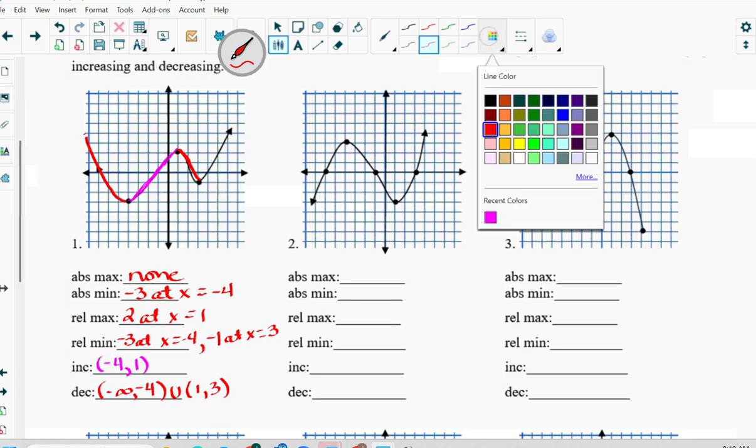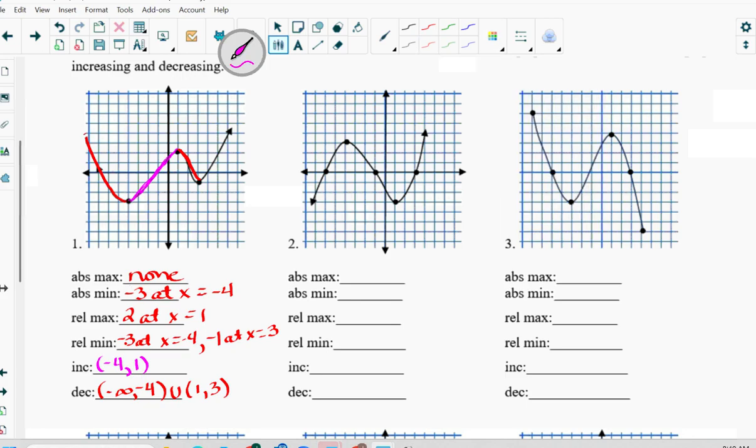All right. What about that last piece? Increasing. So that would be from 3 to infinity. So you just give me the x values over where it's happening. And every time you had a max or a min, that's where it changes from increasing to decreasing or vice versa.